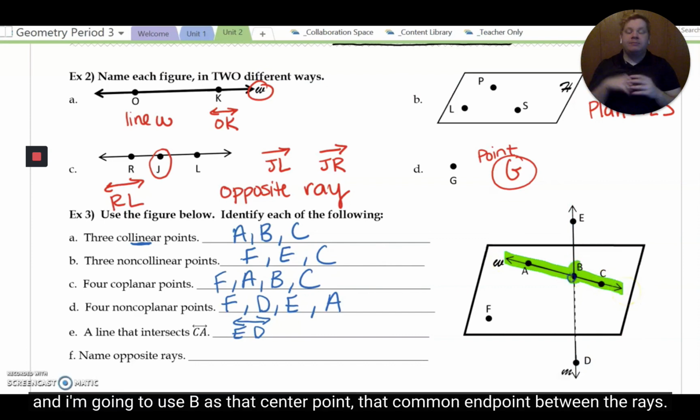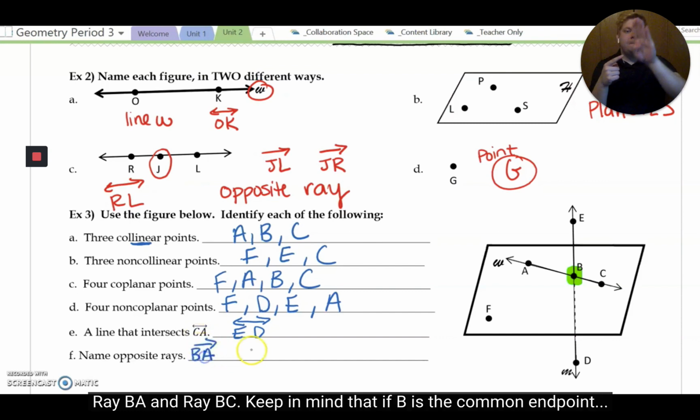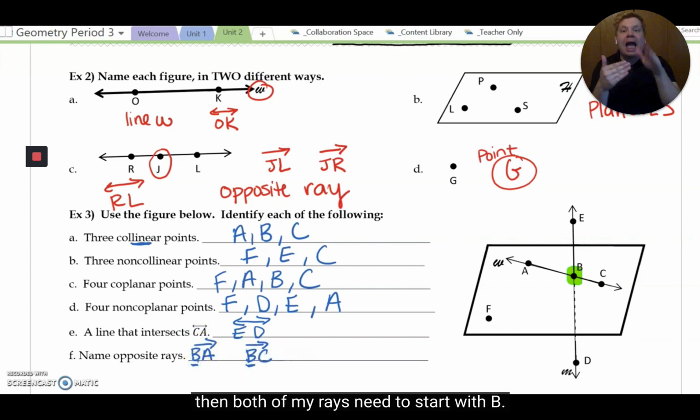And I'm going to use B as that center point, that common endpoint between the rays. And so we'd have ray BA and ray BC. Keeping in mind that B is the common endpoint, then both of my rays need to start with B.